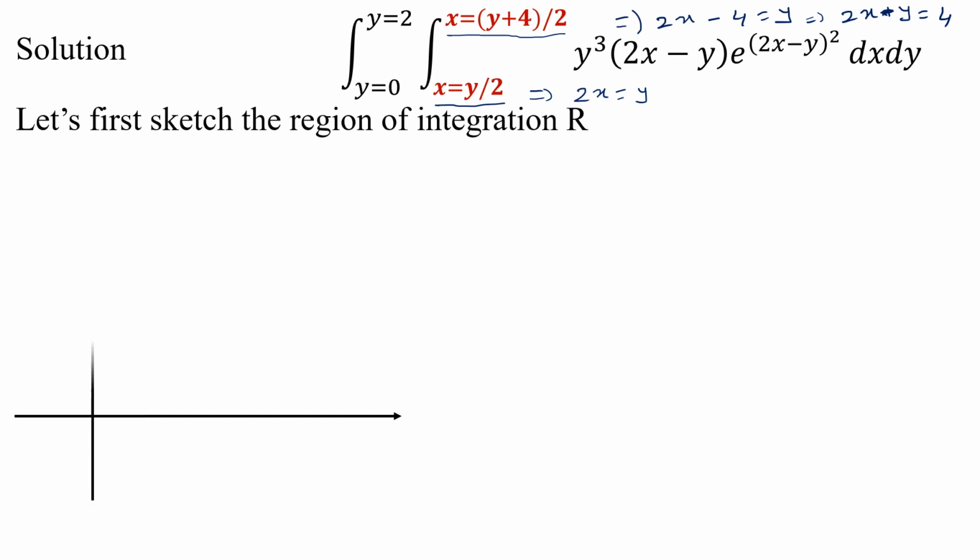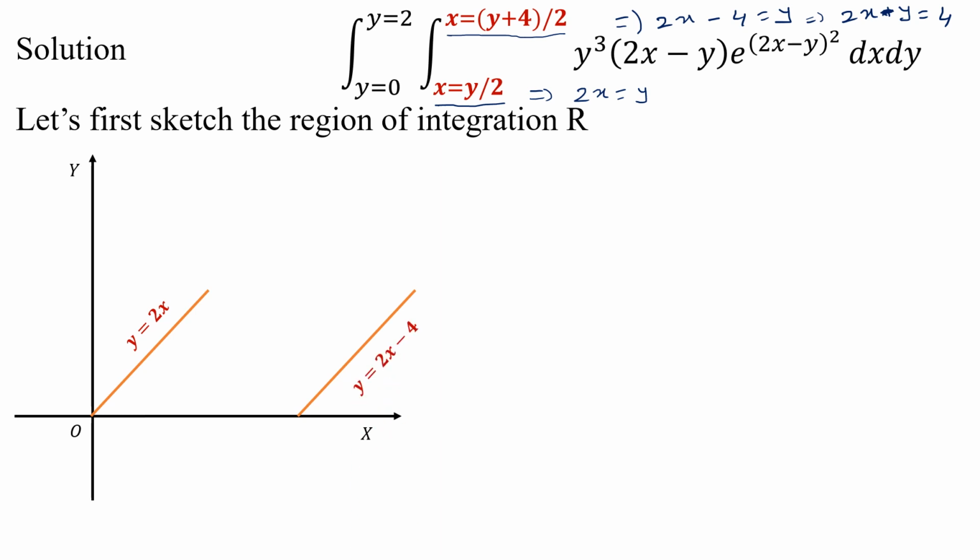So x-axis and y-axis, we have taken x, y, origin. Now first we draw here 2x is equal to y. So this line that we get. Second is 2x minus y is equal to 4, or 2x is equal to y plus 4, that we can write.